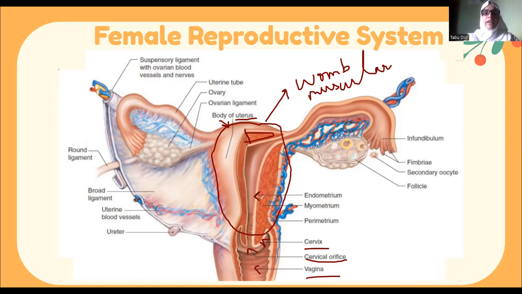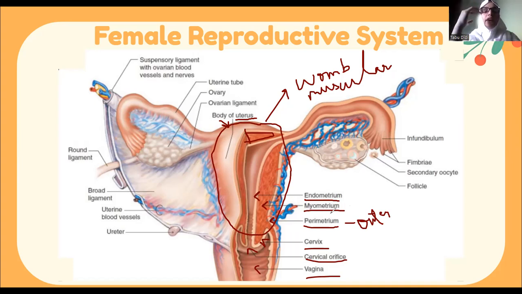The innermost lining is the endometrium, the middle lining is the myometrium, and the outermost lining, or covering in simple terms, is the perimetrium. Endo, myo, and perimetrium. The perimetrium is the outermost covering of the uterus. Then the middle muscular portion is your myometrium.